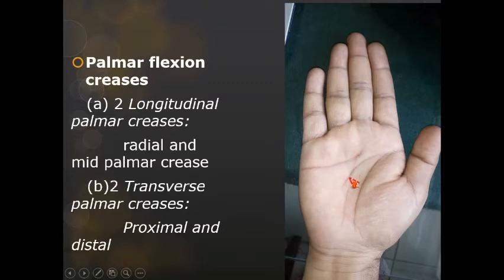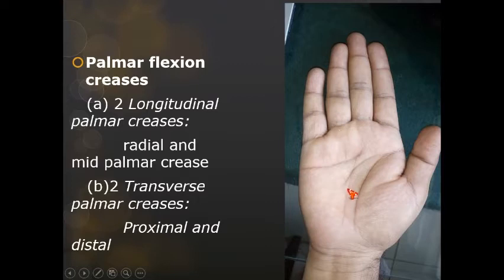The longitudinal creases are the radial crease, which is towards the thumb, and the mid palmar crease. Radial crease and mid palmar crease, two different creases we can identify. One is radial, which is present towards the thumb, and the mid palmar crease, which is present at the mid part of the palm.